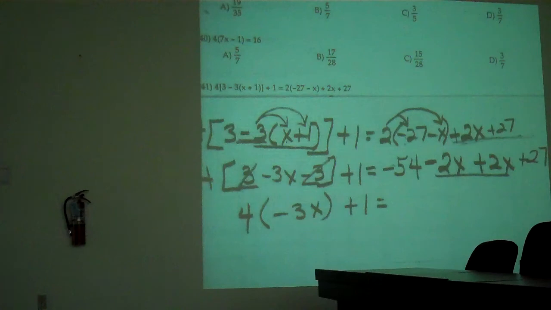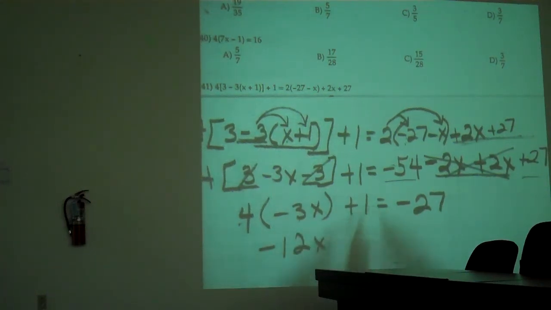That's 0, right? So that goes away. So all you have left is the negative 54 plus 27. What is negative 54 plus 27? Negative 27? Yeah. Okay. Multiply this.